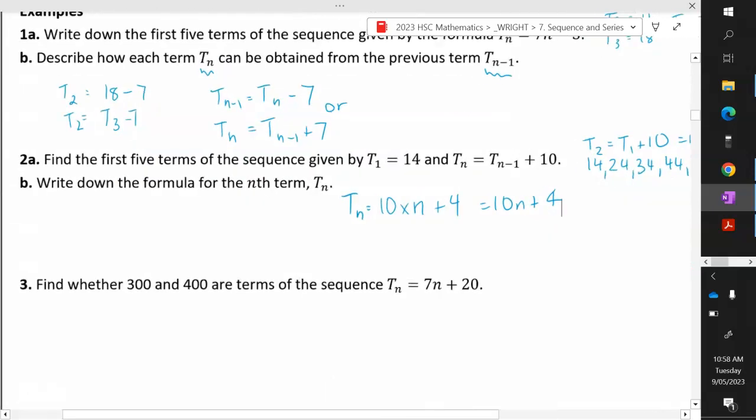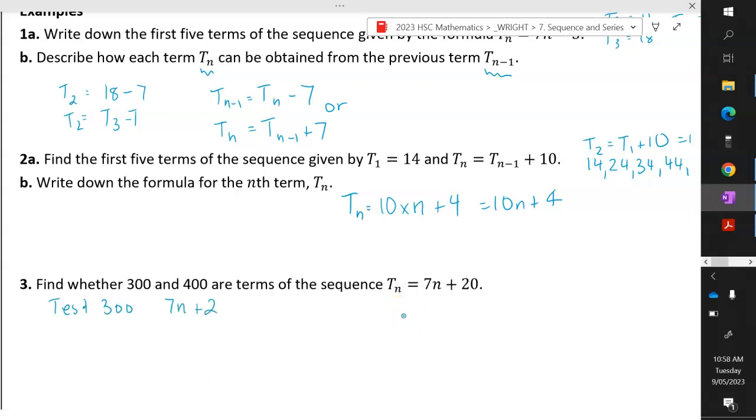So that formula will work for that one. Okay, number 3. Find whether 300 and 400 are terms of this sequence. If they're terms of this sequence, then we would have a whole number n, and it has to be a whole number, which that sequence would work for. So let's test 300. So then we would have that 7n plus 20 would be equal to 300.